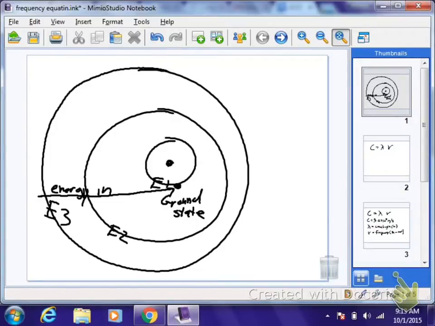When that goes in, it will tend to move to an excited state. Let's say it moves one up. And so this is called the excited state.